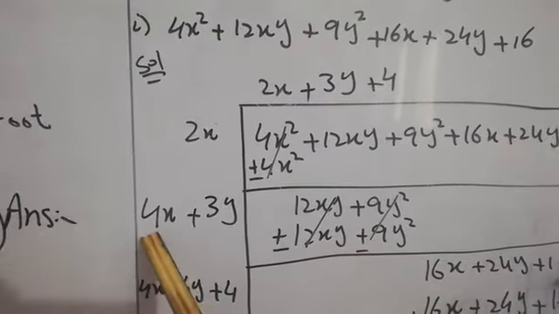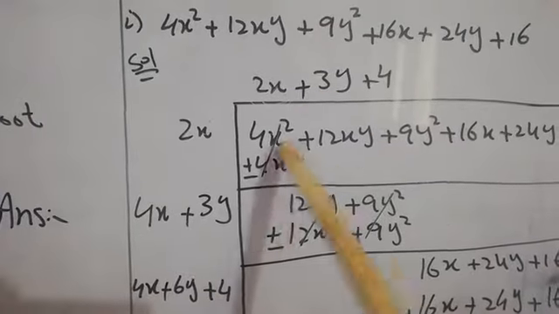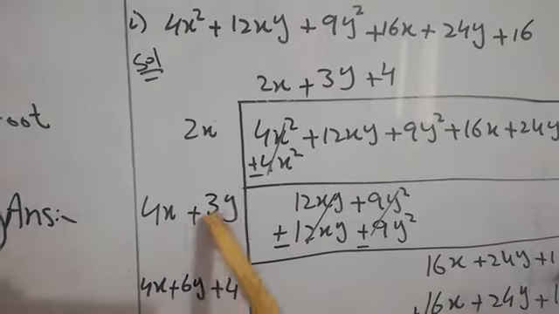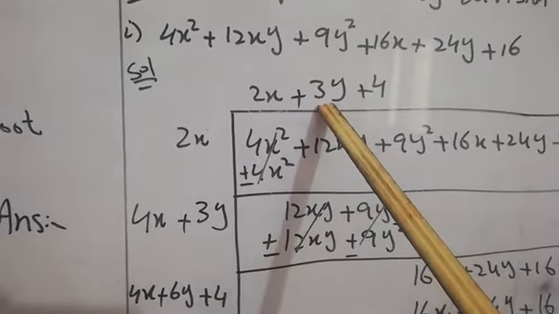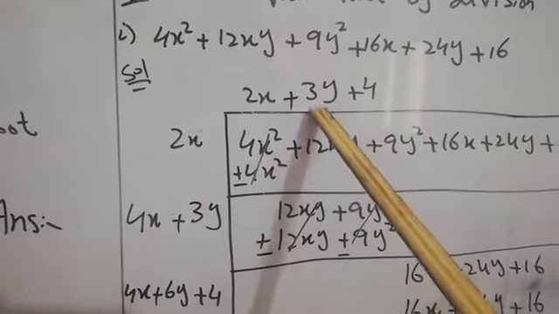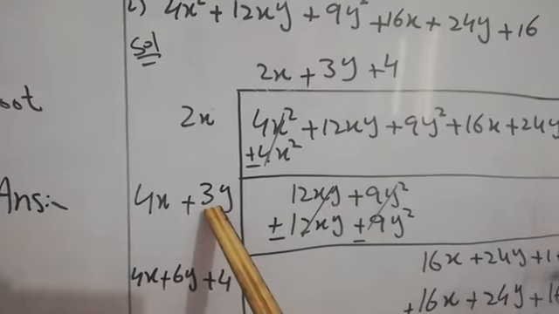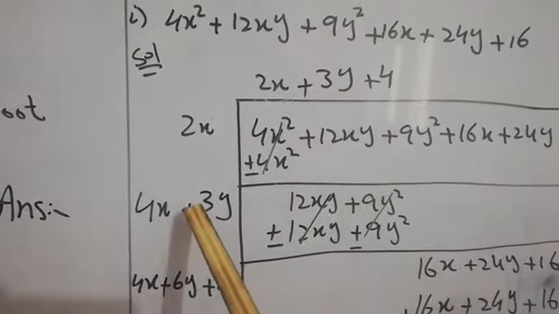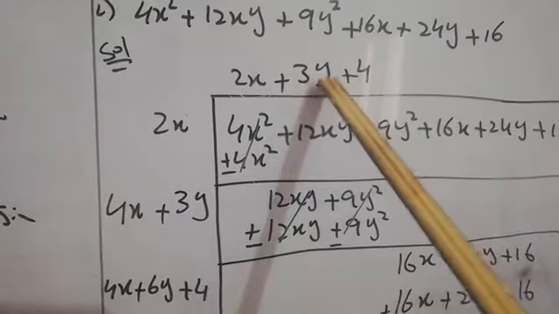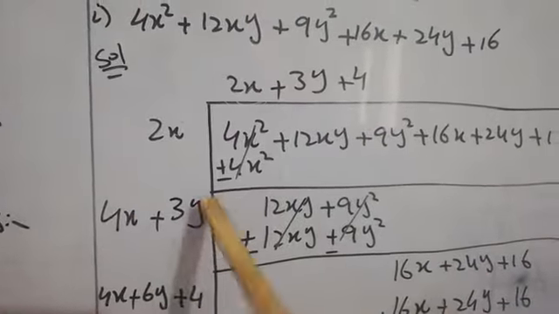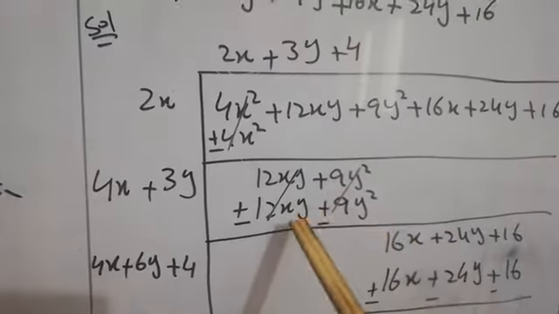If we multiply 4x by 3y, then we get 4 threes are 12xy. Since our new quotient value is 3y, you will write 3y here again. Both values will be the same. So when we multiply this expression by 3y, we get 3 fours are 12xy, 3 threes are 9y². Both values will also be cancelled.